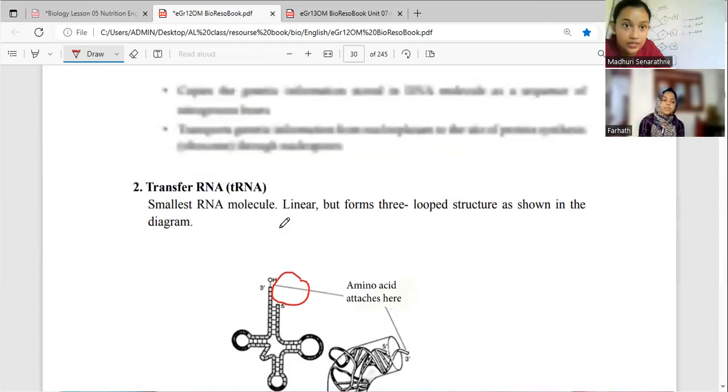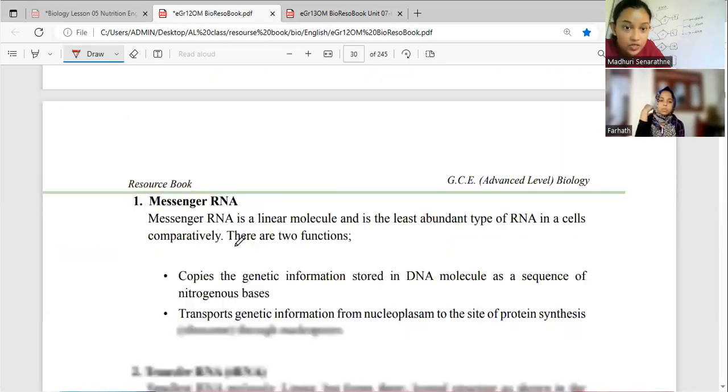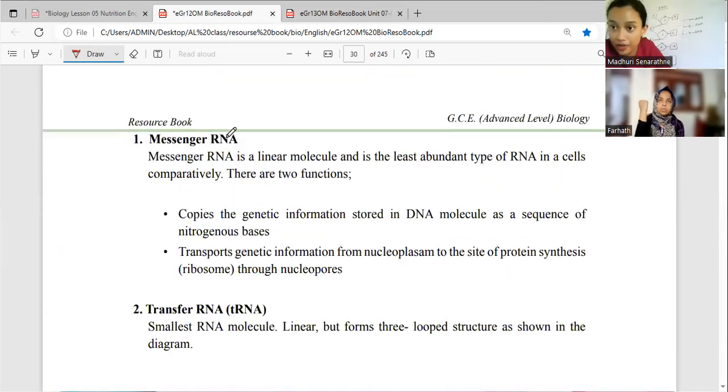Yes, teacher. Yes. Then three types of RNA molecules can be identified. First one is messenger RNA, as I have previously mentioned. In protein synthesis, according to the command by the gene, the command is carried by messenger RNA to the location of protein synthesis.